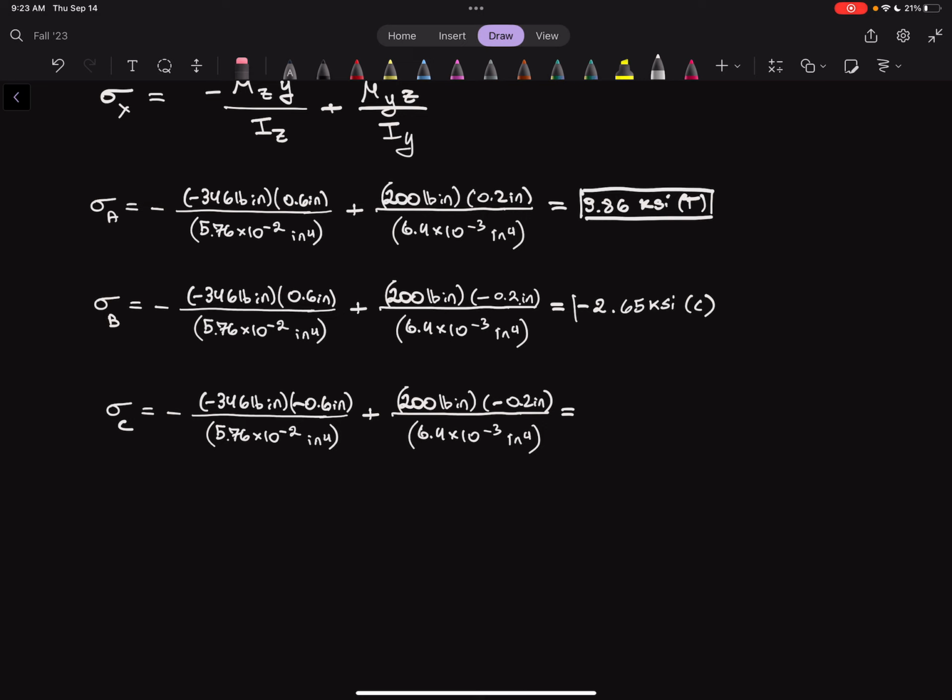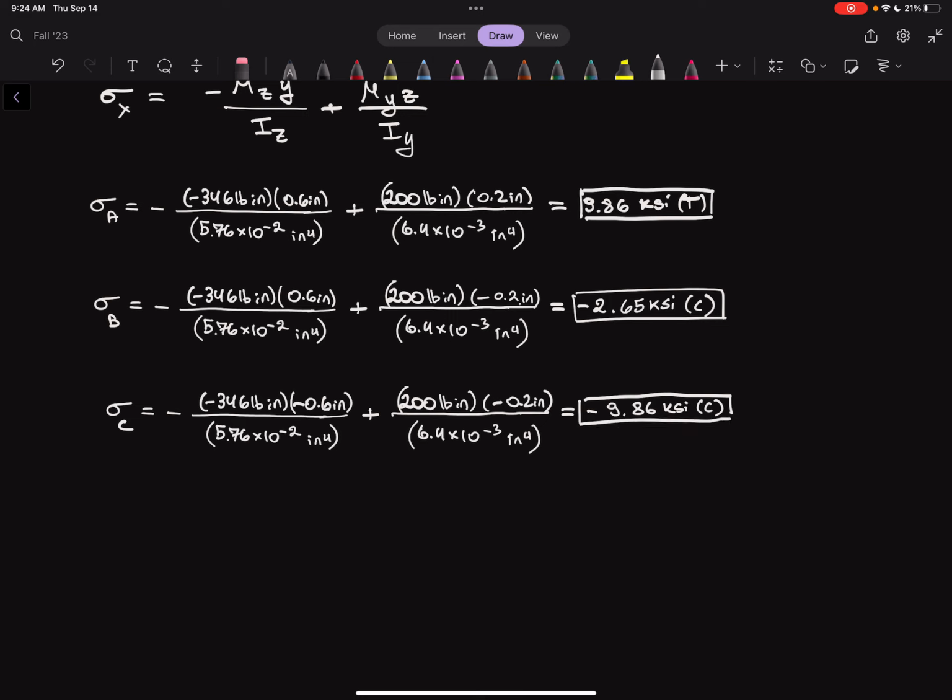And then the last one is going to be here. And now we're going to have the 0.6, that's also negative. And so that gives us a negative 9.86 ksi, which is compression.